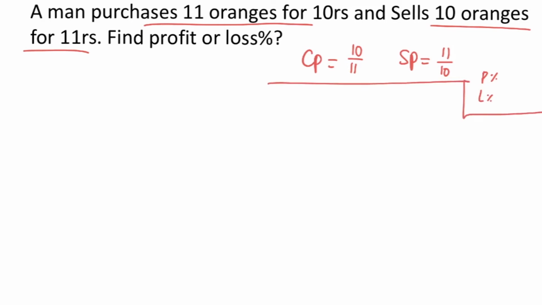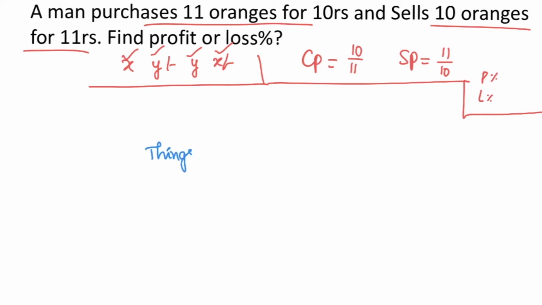On the other hand, there is a shortcut. Whenever X things are purchased at Y rupees and Y things are sold at X rupees, if the number of things purchased and sold are different, prices are different, there you can use this method. First write the number of things, then write prices.